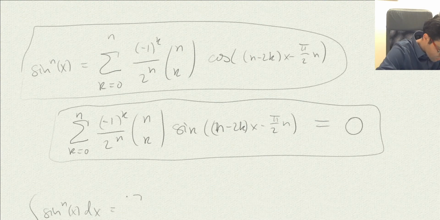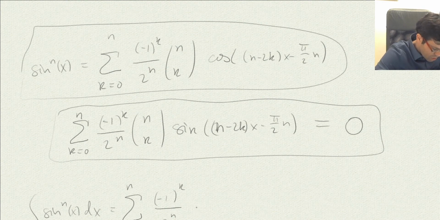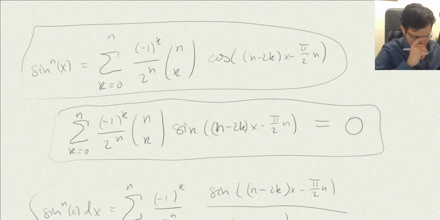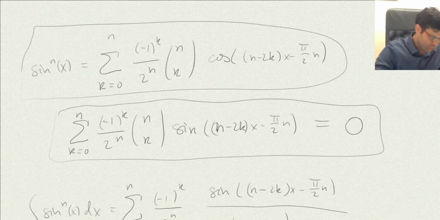Of course, we need not forget the constant, as k runs from 0 to n, and here we have minus 1 to the power of k over 2 to the power of n, n choose k, and here we integrate the cosine, so this is just the sine of (n minus 2k) times x minus pi half n, divided by the internal derivative here, which is just this n minus 2k.